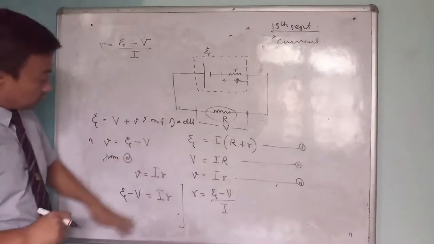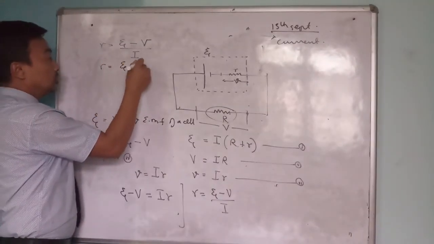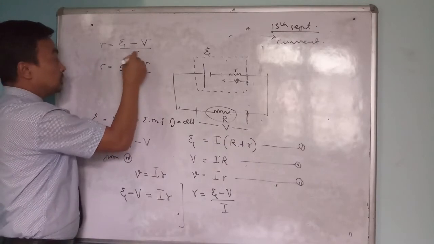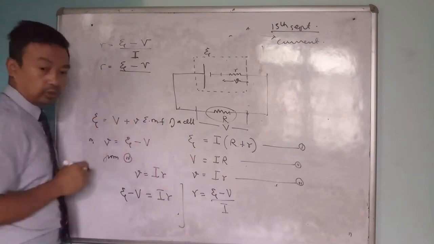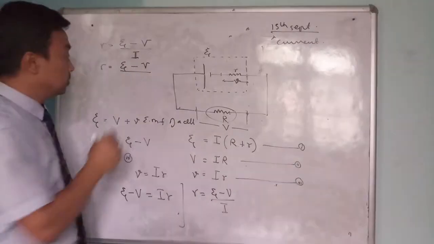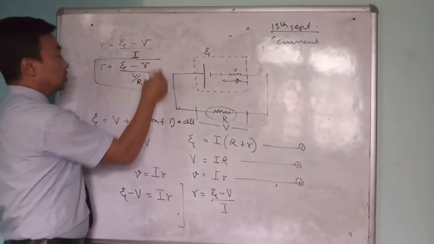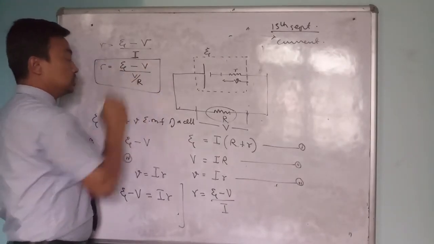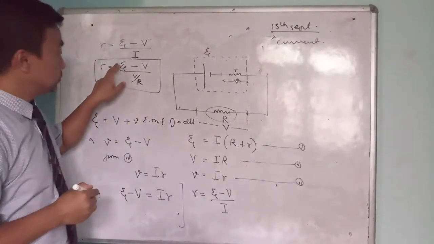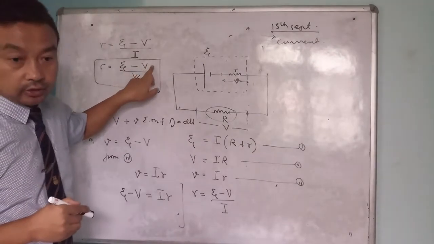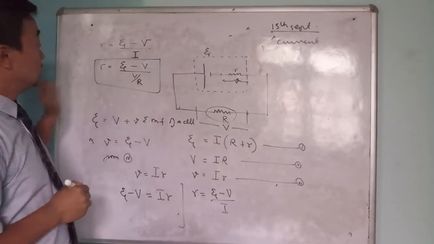So after solving this we got here, and we know that the current I from the second equation is V upon R. So this equation is the relationship between EMF, the terminal voltage, and the voltage drop. Okay, so we have to keep this in mind.